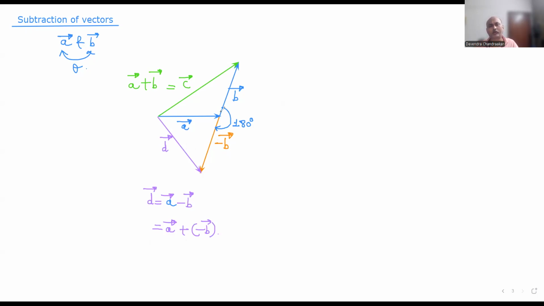And how to make a vector negative? By rotating about its tail by 180 degrees, right? Please note it quickly. Noted?